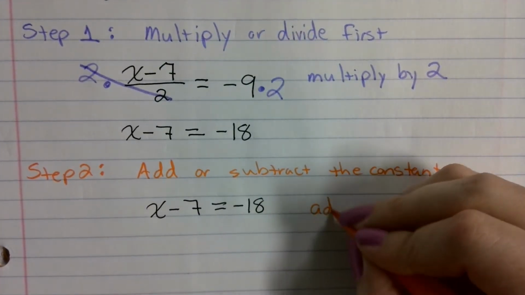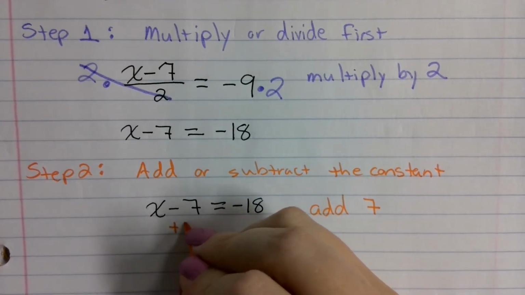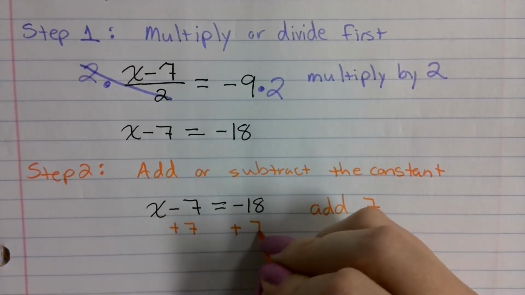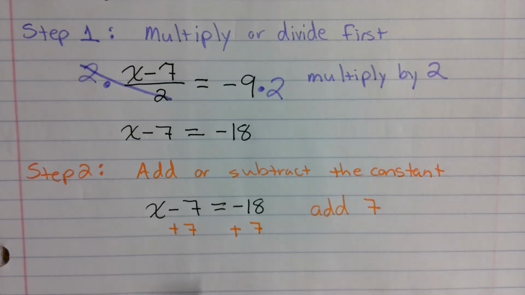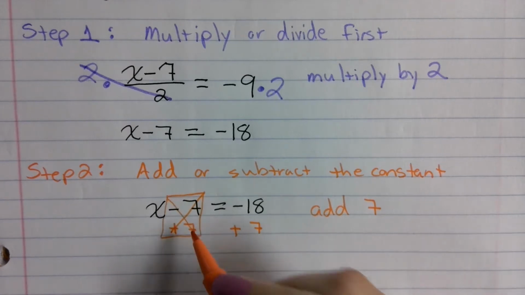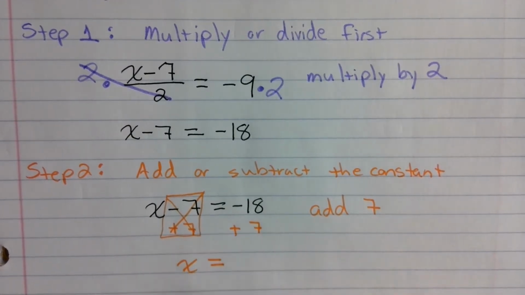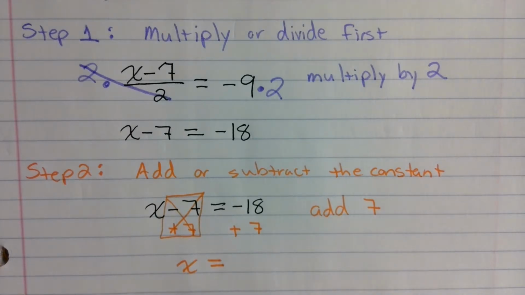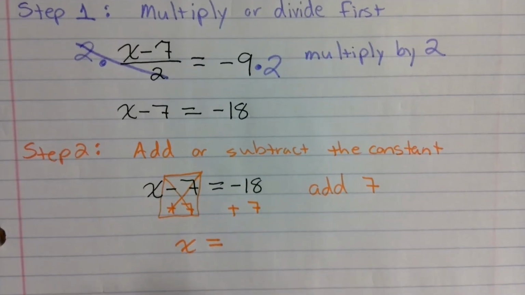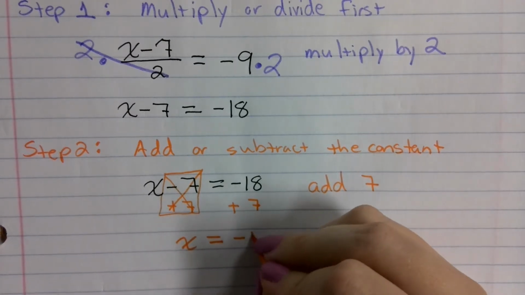So we're going to add 7 to both sides of the equal sign. So that minus 7 is now canceled out by the plus 7. And what will x equal? What's negative 18 plus a positive 7 going to give us? Say it louder. Negative 11.